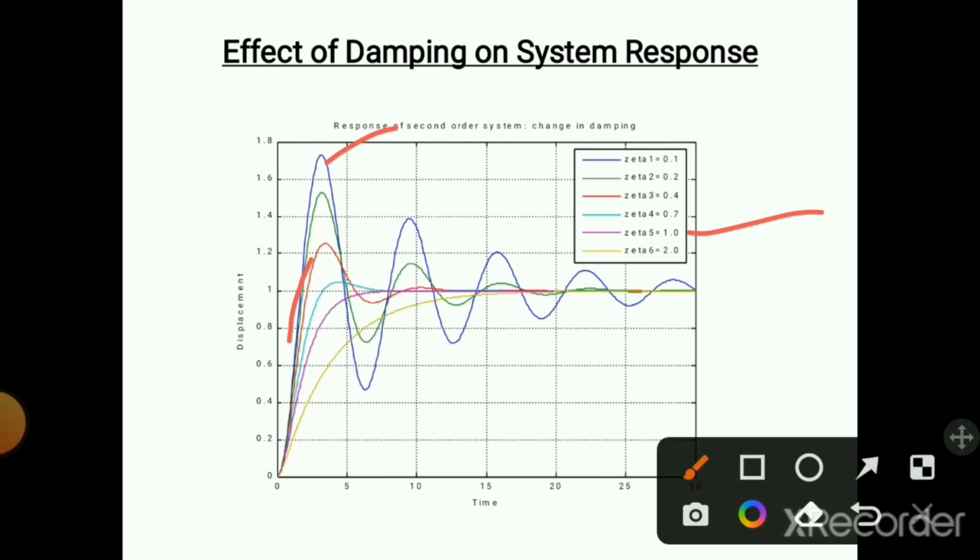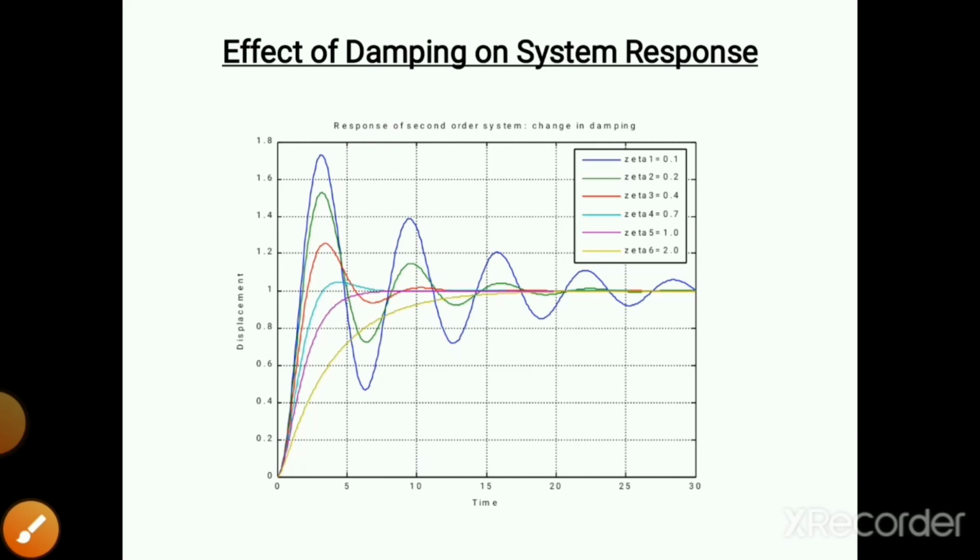It has only, I think, 1 or 2 peaks and it gets stable. Okay. So from this graph you can check that as you go on increasing the value of zeta up to 1 or up to 2, the system takes 1 or 2 peaks and gets stable very early as compared to the readings of 0.1 and 0.2.